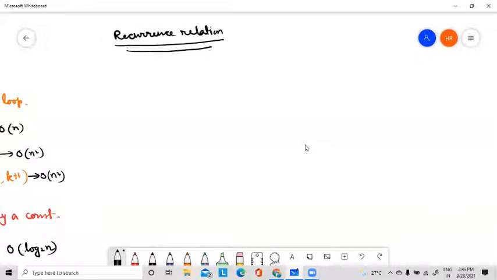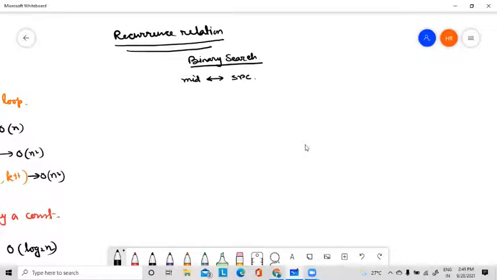So now let us consider the example of binary search. In the case of binary search, what is the algorithm? The algorithm is to compare your mid element with the search element, correct?